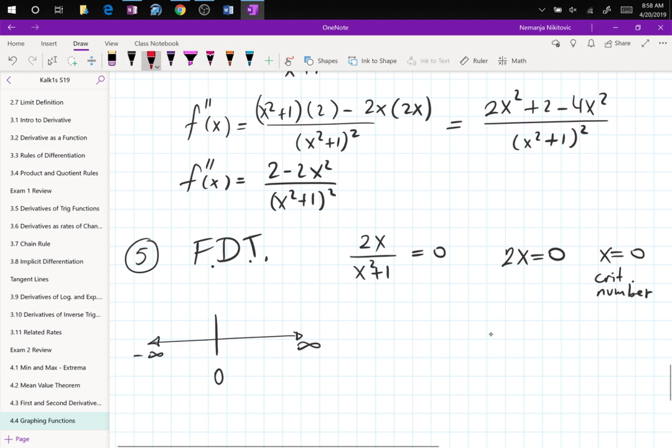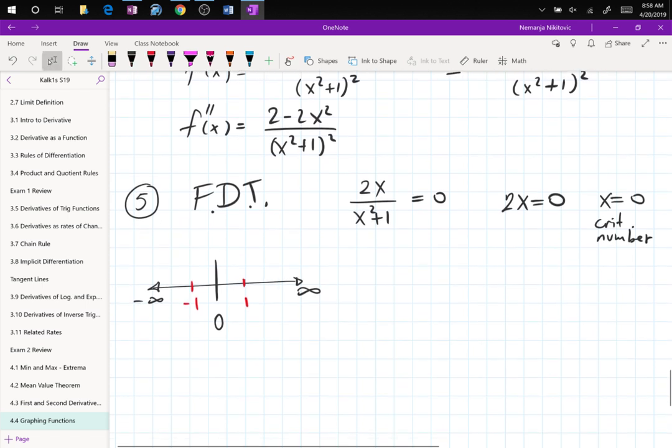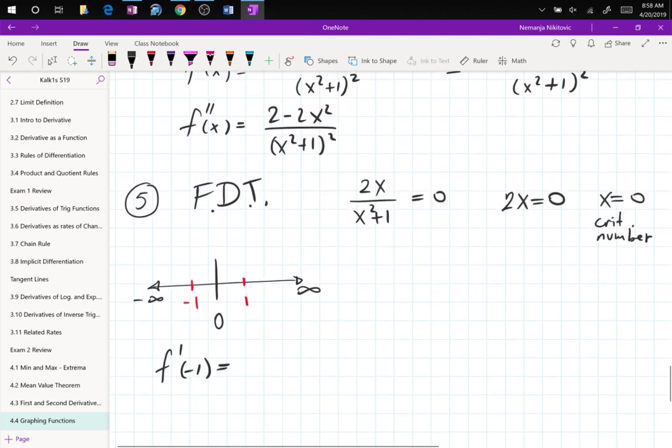We pick test points in each region. We can pick -1 and +1. And then we do the test by testing these test points in the first derivative. The first derivative is 2x over x squared plus 1, so 2 times -1 over -1 squared plus 1.